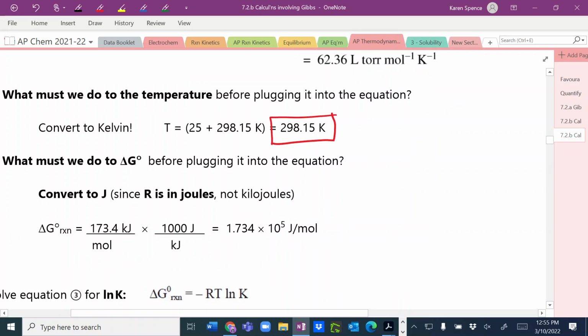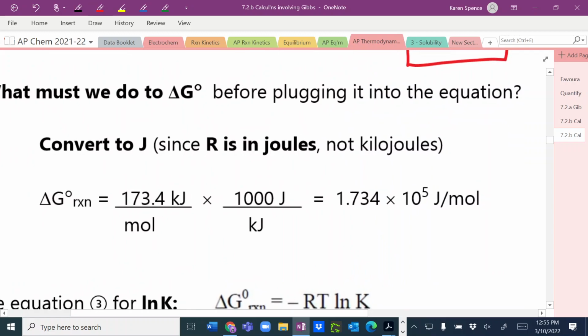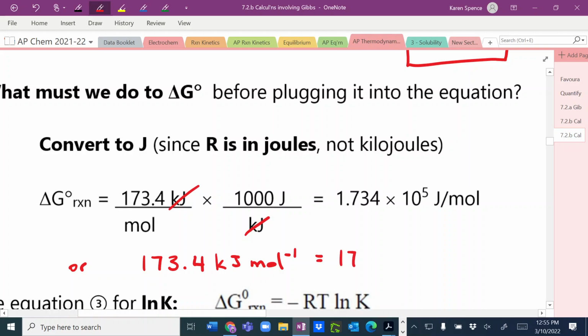You can show your calculation either with unit cancellation, or you can just say, okay, I have 173.4 kilojoules per mole, and that's equal to 173.4 times 10 to the 3 joules per mole.